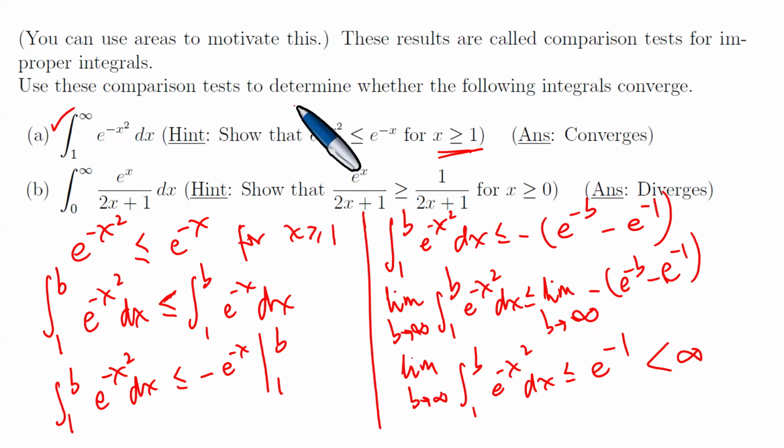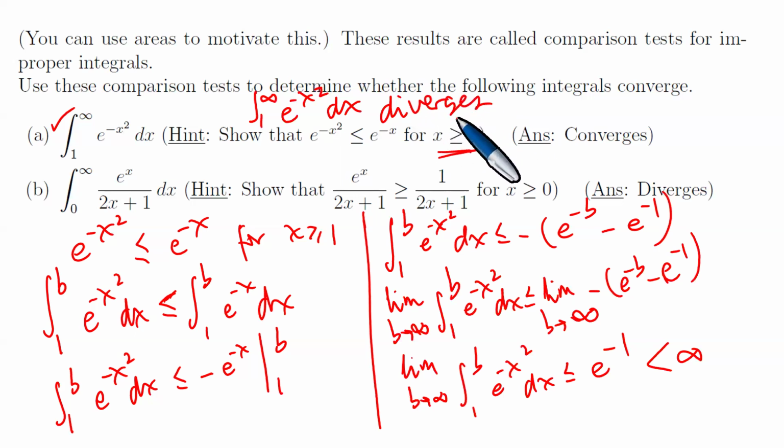By dint of that, it is clear, therefore, that we can come here and then say the integral from 1 to infinity e to the minus x squared dx, this integral here, converges.